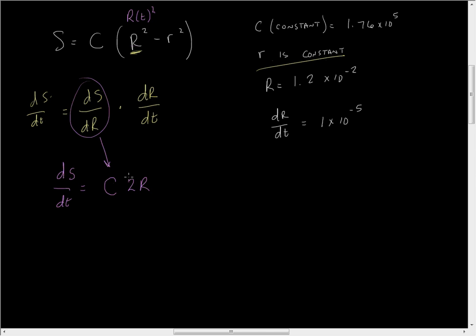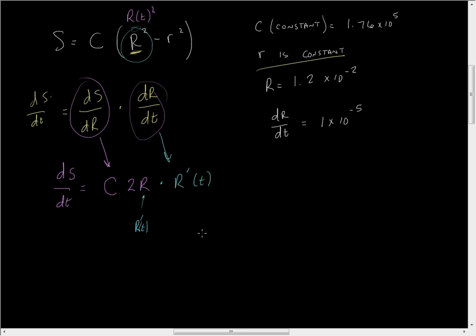Now we need to multiply that by dR/dt. This thing is actually R of t, which means we take the derivative of the outside, R squared, which is 2R, times the derivative of the inside, which is R prime of t.